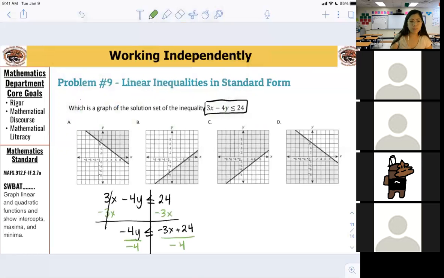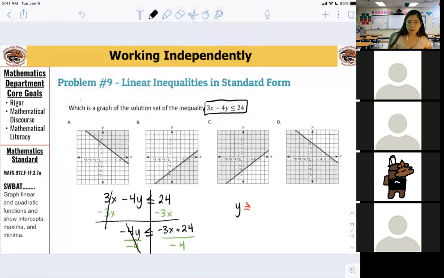That's why standard form is tricky, because sometimes the symbol is going to flip, and that's why we have to convert it first so that we know what type of symbol we actually have, because now it turns out I actually have a greater than or equal to sign. And if you had just looked at the symbol to start with, you would have had the wrong answer because you have to be in slope-intercept form.